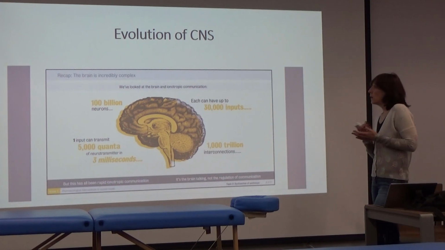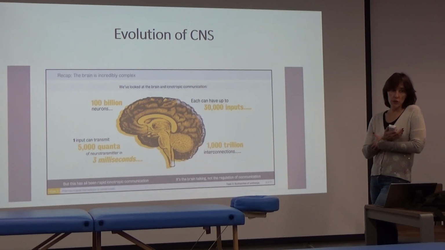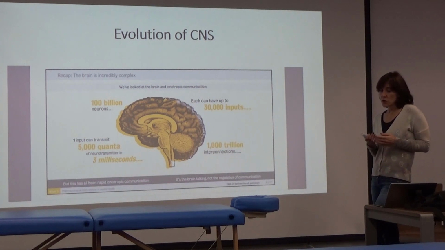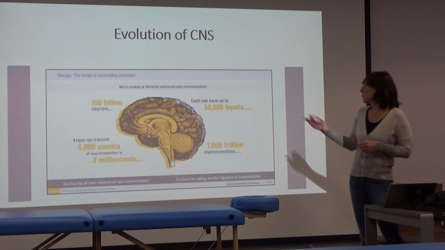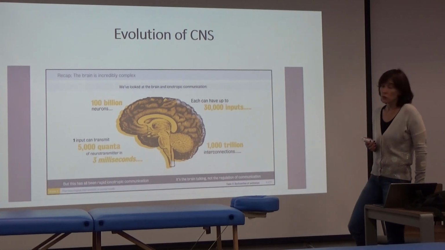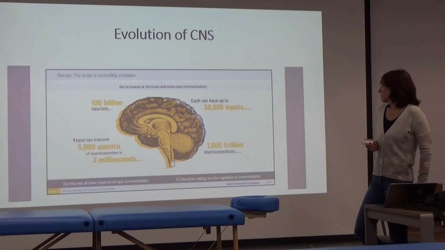If we think about our nervous system, it's really incredible. This is a slide from King's College University, from our neurophysiology course. And it says that we've got 100 billion of neurons.